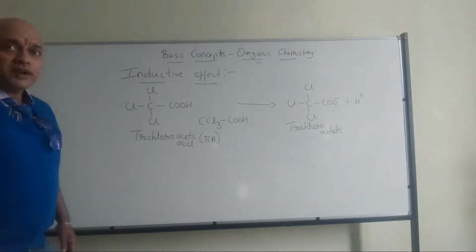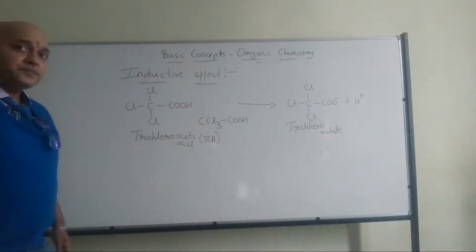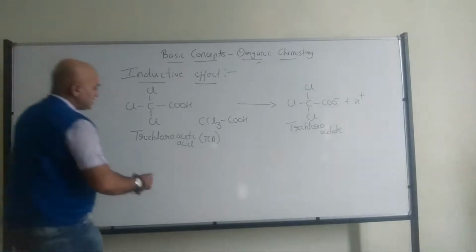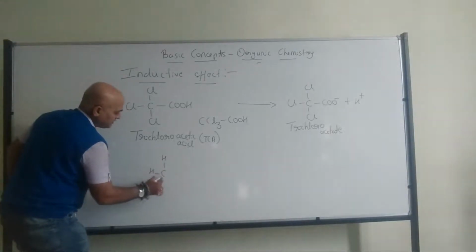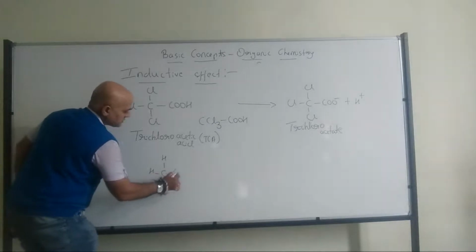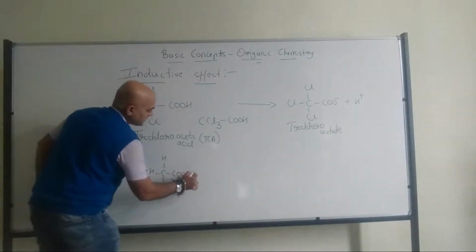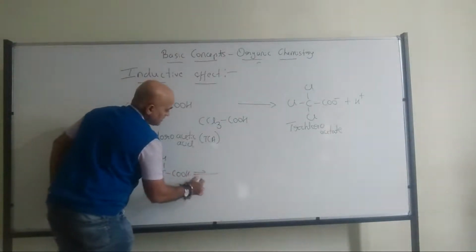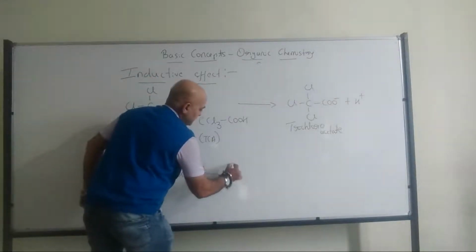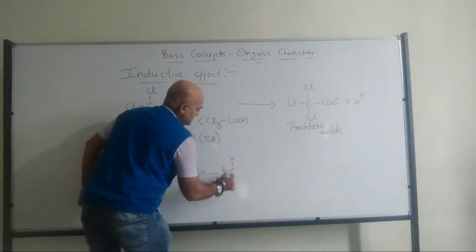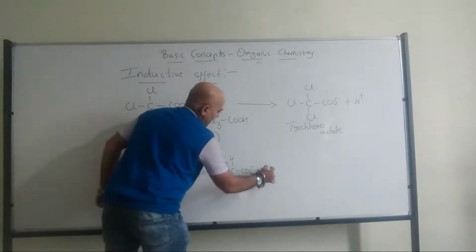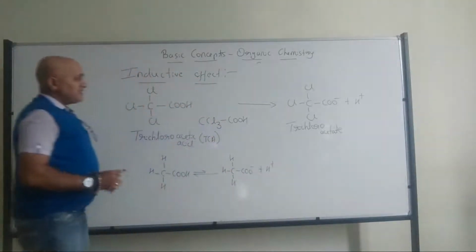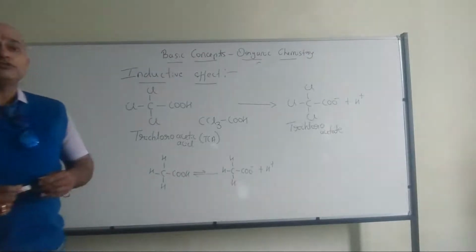All of you got the point? Okay. So if you go back to the earlier one, if I take acetic acid, CH3COOH, it will be dissociated as acetate and H plus. So what is the difference between these two?